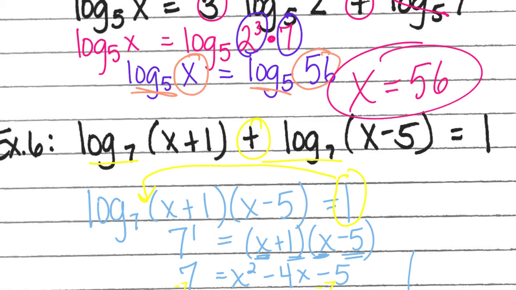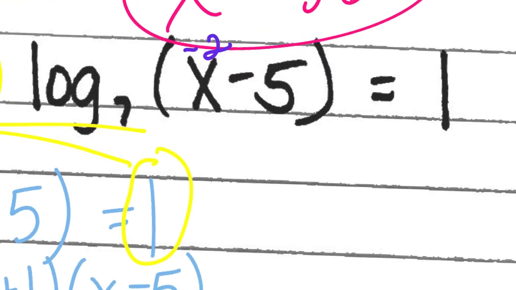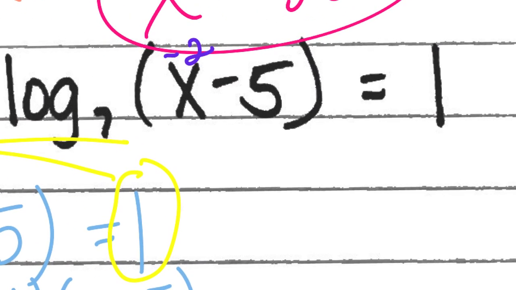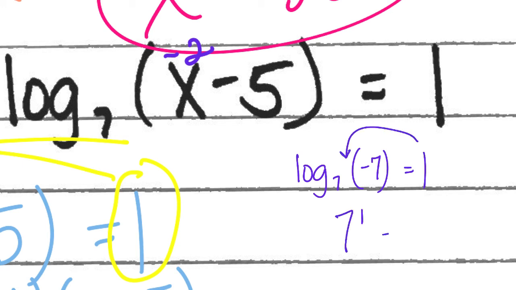Yes, it was negative 2. So let's go back and think about how we're putting in a negative 2 here and a negative 2 here. But let's think about what this is saying. I'm just going to look at this one right here. We know that both are going to be negative. So this is literally saying log base 7 of negative 7 equals 1. So if I was to write this in exponential form, what would give us a negative answer?